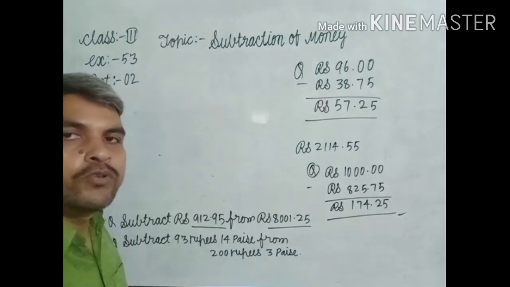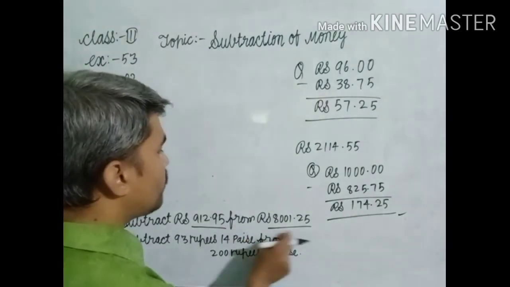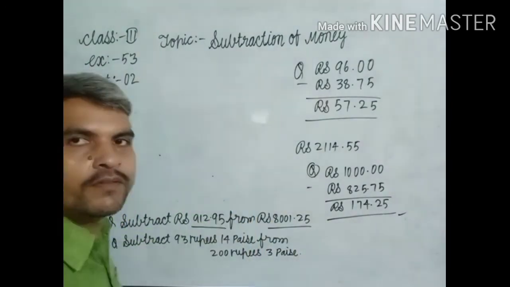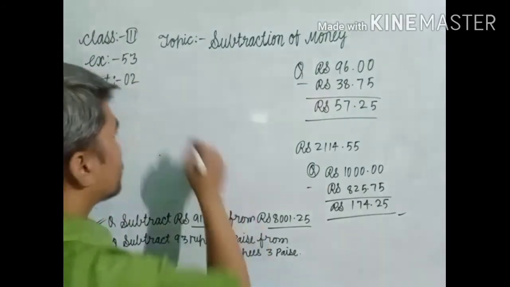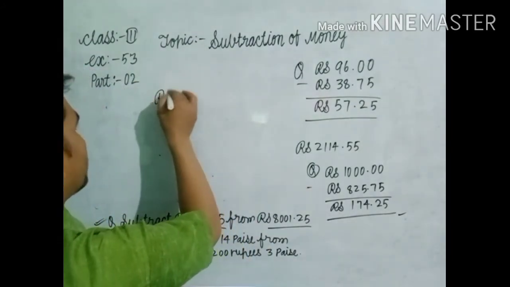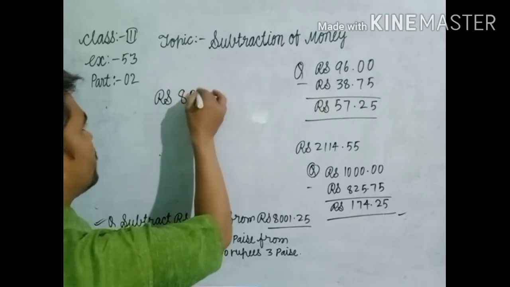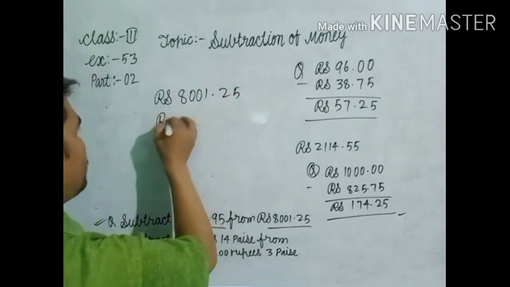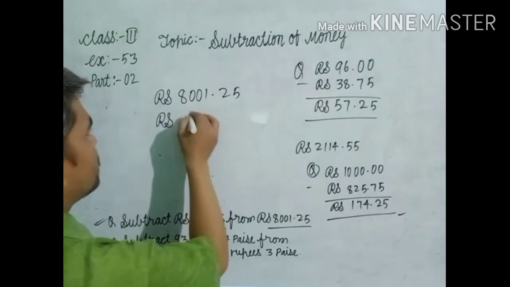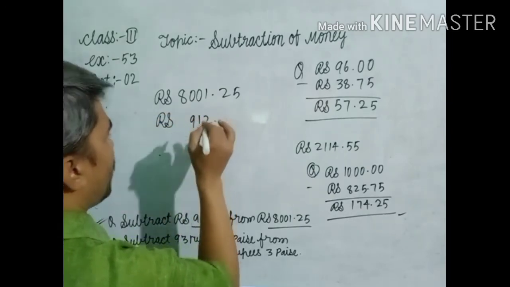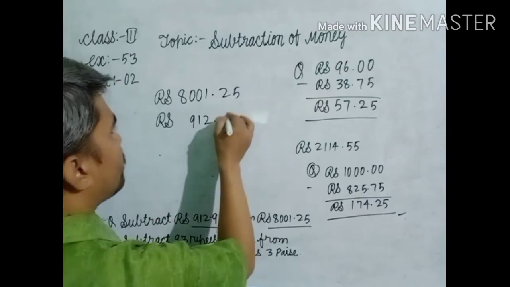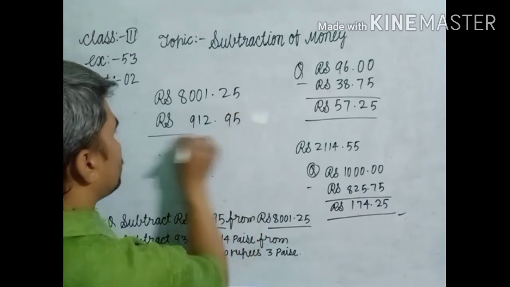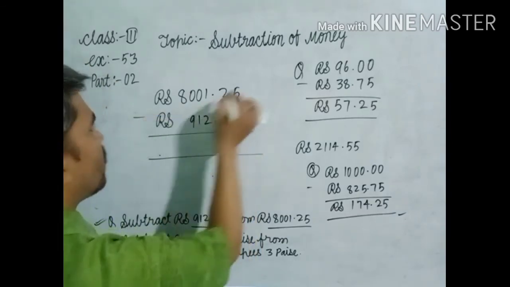And remember, you write the greater number above. So you write here Rs 8001.25, and now here write down Rs 912.95. Now you subtract them, then you find the real answer.